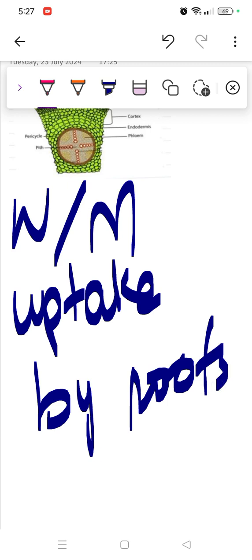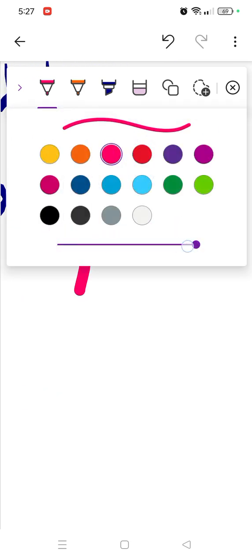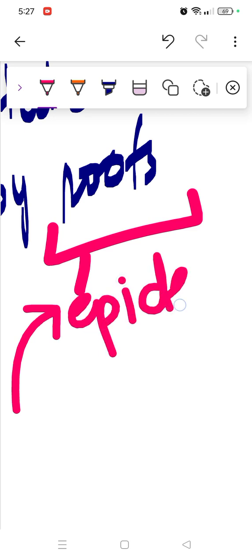So let's start. I hope you have watched that video, but if not, let me give you a basic recap. Roots have so many steps, so many parts. If we provide water to roots, it goes to the epidermis. Epi means first, so epidermis is the first layer.